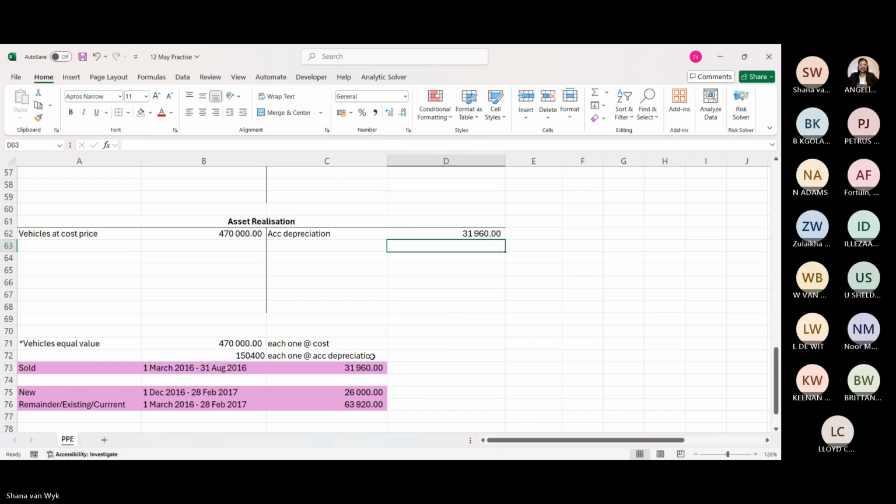Is it wrong if I say 150,400 plus the 31,960? We must plus it. This is only for that year. We must add that because it's accumulated, isn't it? You're selling the whole thing, the entire thing. Yes, then we must add it, because we only did depreciation now. Okay.